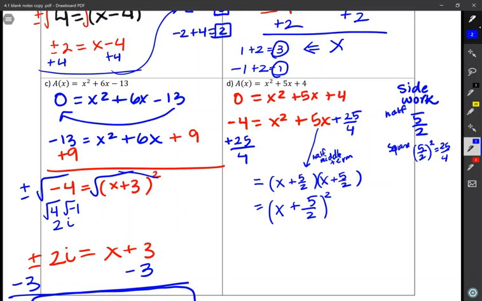All right. And then you're just going to add that. So negative 4 and 6 1/4 is 2 1/4. Careful with your signs.